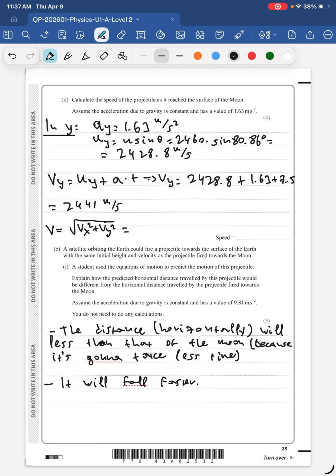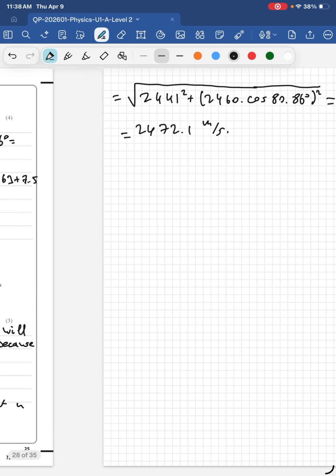The horizontal component of u, though, will be the same. But it's going to fall faster due to the larger acceleration due to gravity. So it's going to cover less distance.